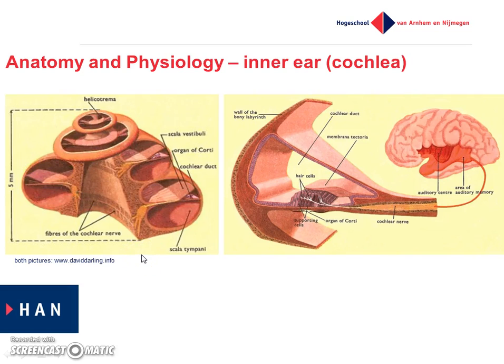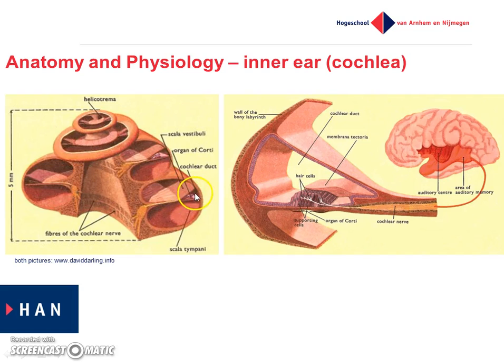As you know, the cochlea consists of a lot of curls, actually a lot of windings. You see them here as well, but they are cut open. And as you know, those different windings consist of a scala vestibuli, a scala tympani, and in the middle a scala media.